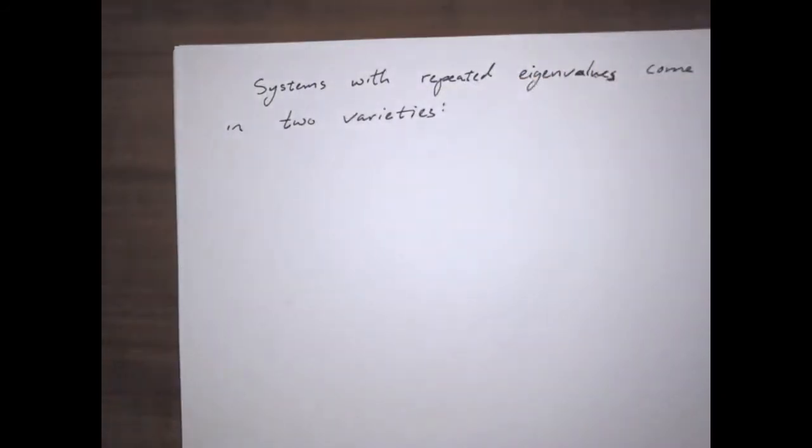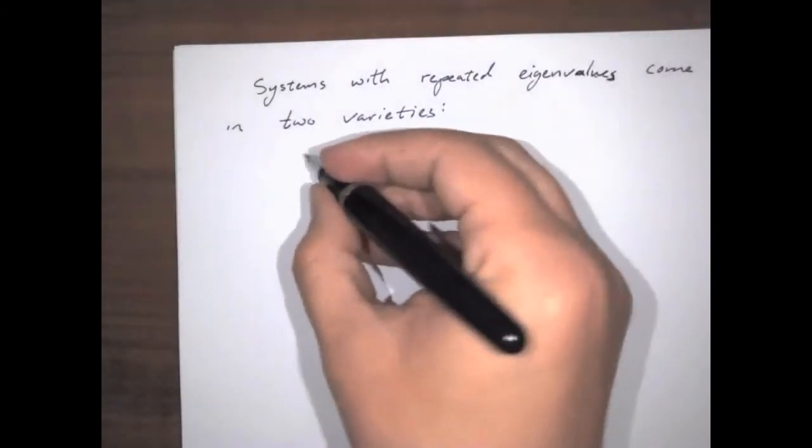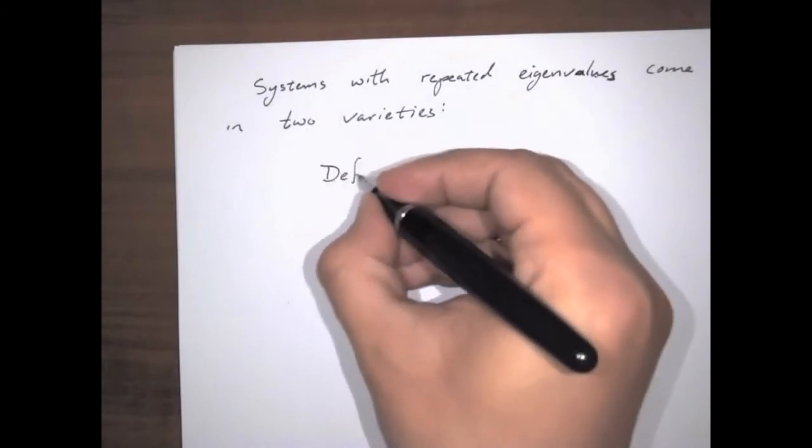There's the one that we just saw, which is a case where it comes up short in the dimension of its eigenspace, and that's called defective.